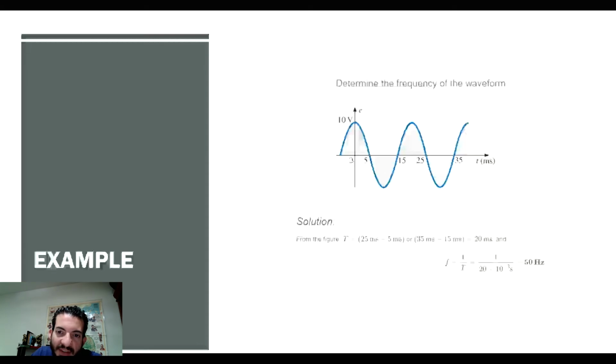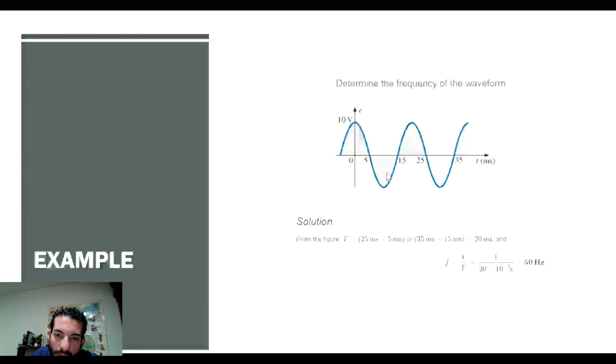Another way to see it is visually: this point right here is 15, this point right here is 25, and they're symmetrical, so the middle point between 15 and 25 is 20. And then we can say, okay, between this peak and this peak is my cycle, and that's going to be 20 milliseconds. So the period is 20 milliseconds.